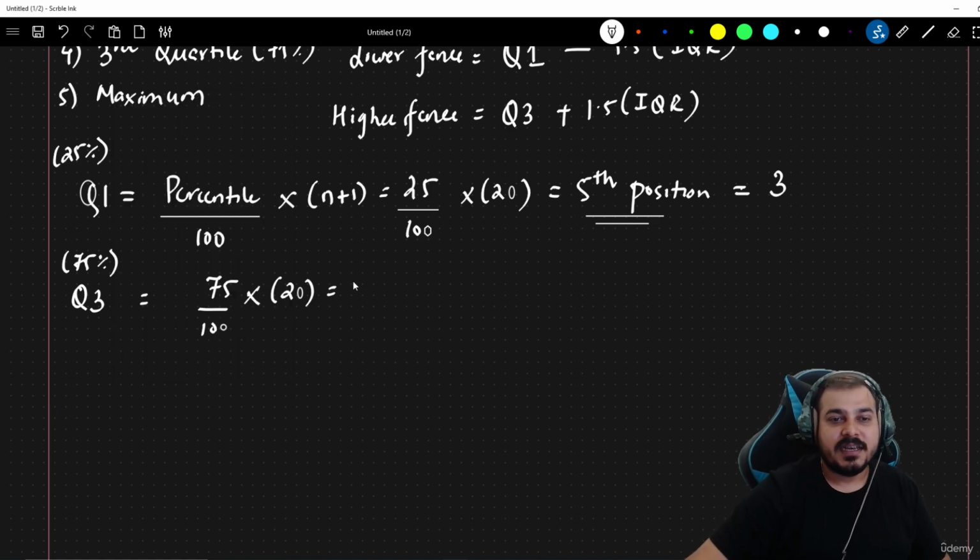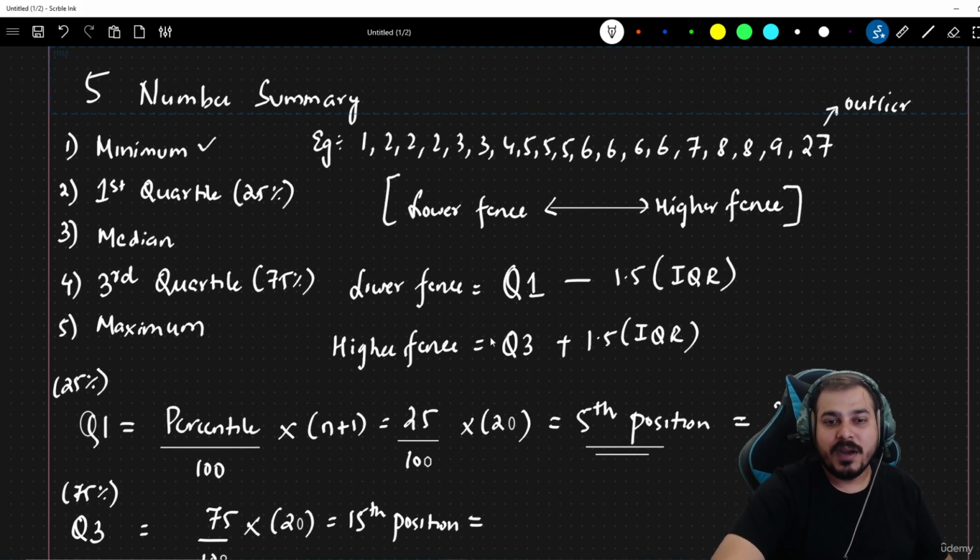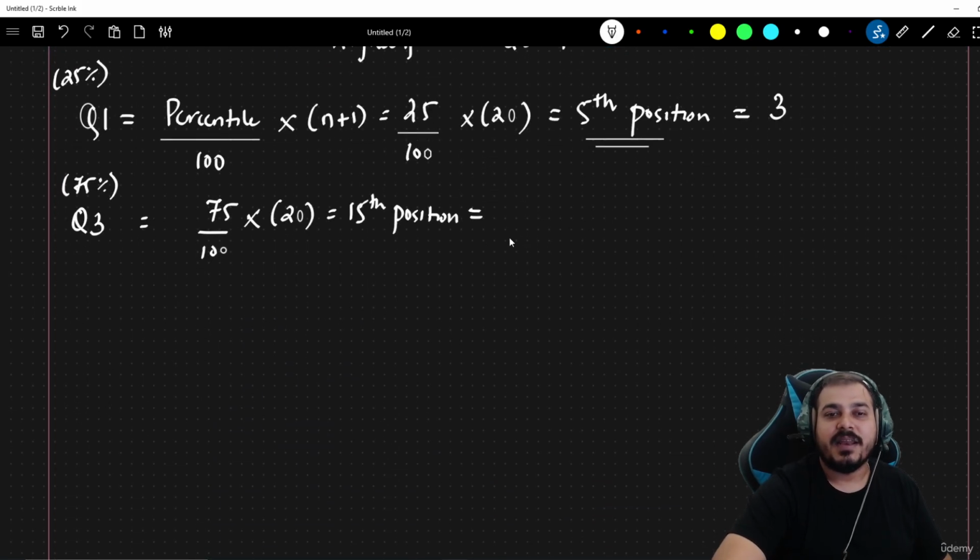So this basically says that this is my 15th position element because I want to see the value. Now if I go and see which is my 15th position element: 1, 2, 3, 4, 5, 6, 7, 8, 9, 10, 11, 12, 13, 14, 15th. So the 15th position is nothing but 7, right? So that basically indicates that 75% of the entire distribution is less than 7.